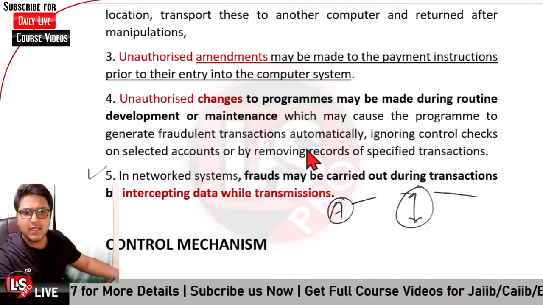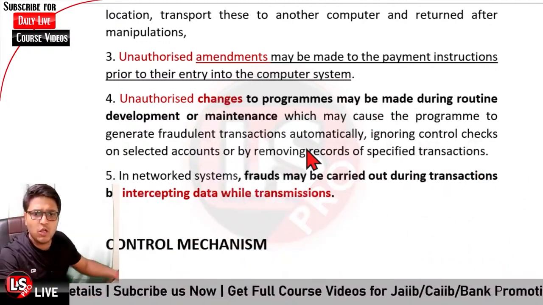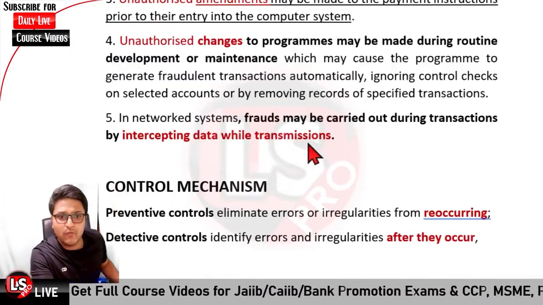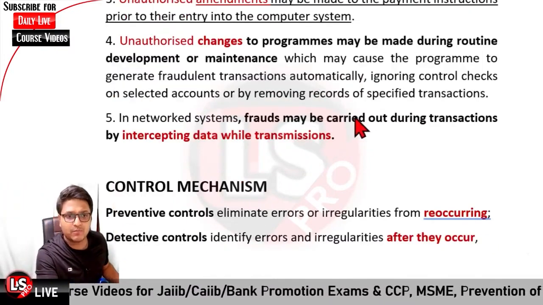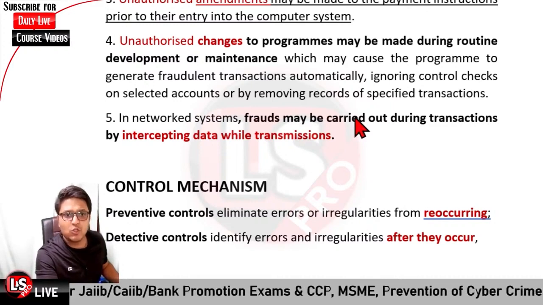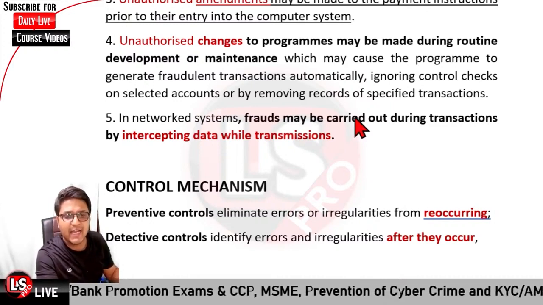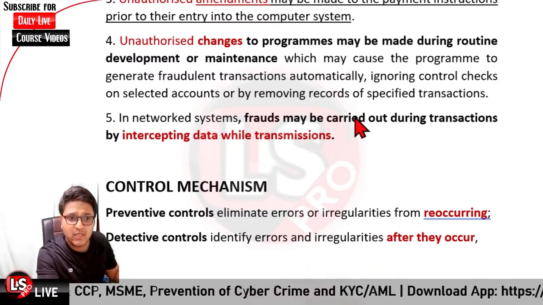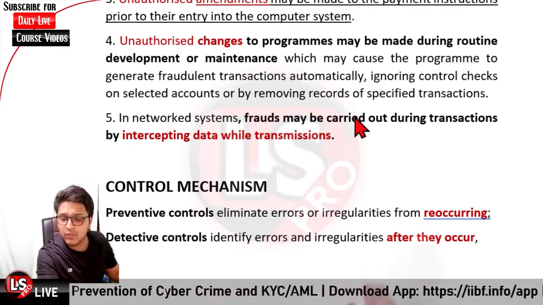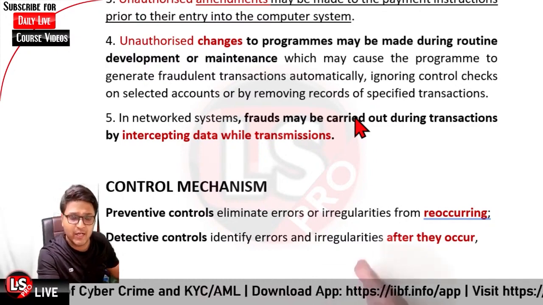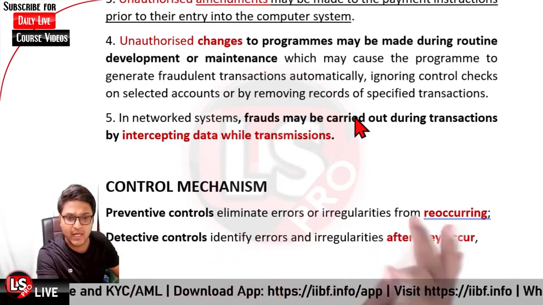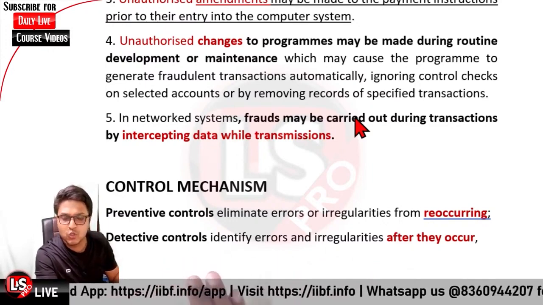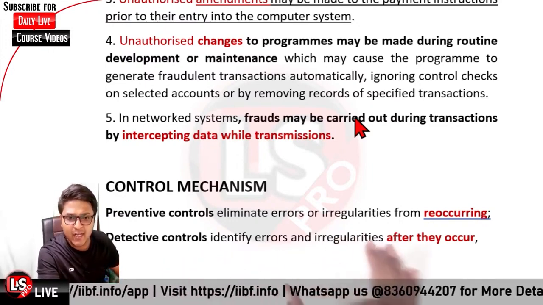Then it is regarding the control mechanism. First of all, it is regarding the preventive controls. Preventive controls are meant to eliminate the errors. First of all, we try to eliminate the errors and remove the irregularities, so there is no reoccurring. Then it is regarding the detective control, to identify the errors or irregularities.